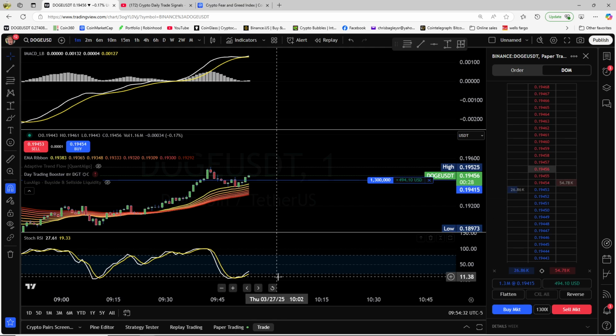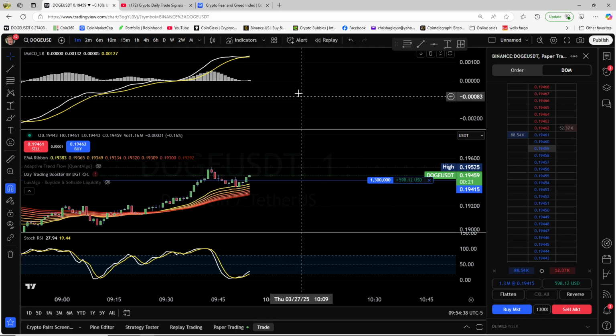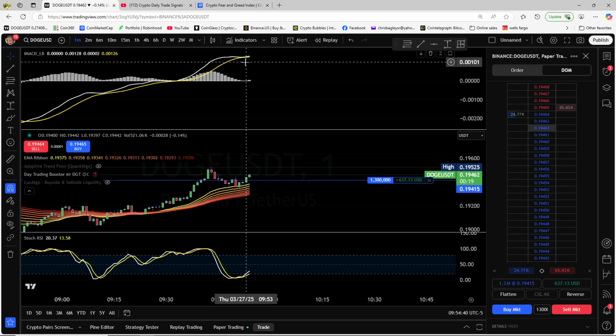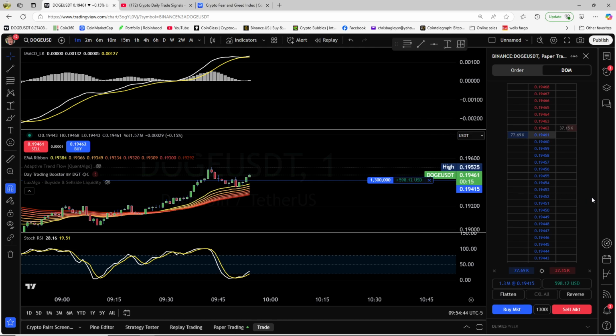Come on, get that yellow line up in that box. You can tell up here the white line is already separating to go back above the yellow again, so that's a good sign.